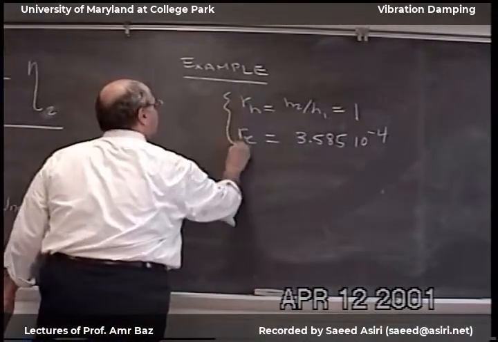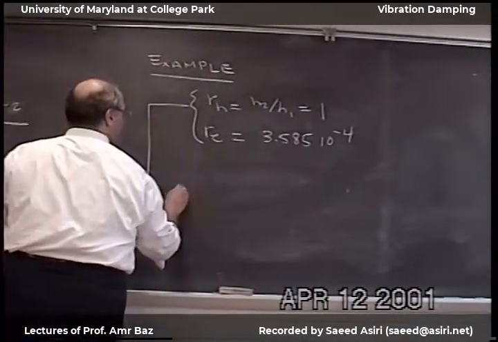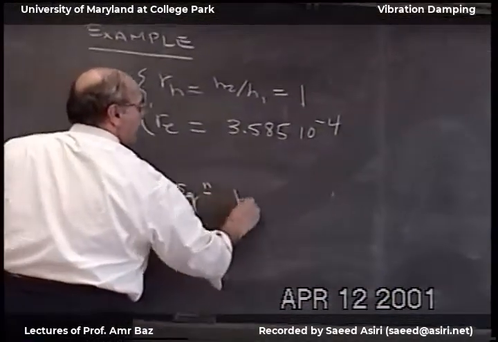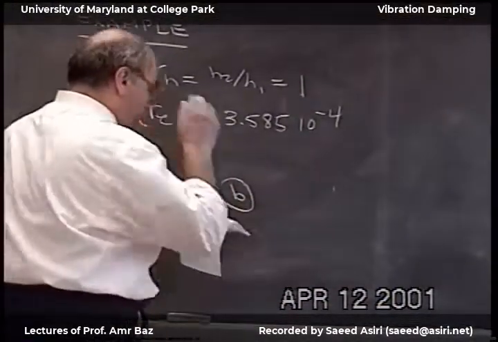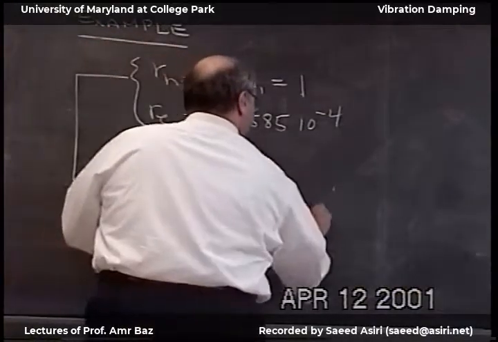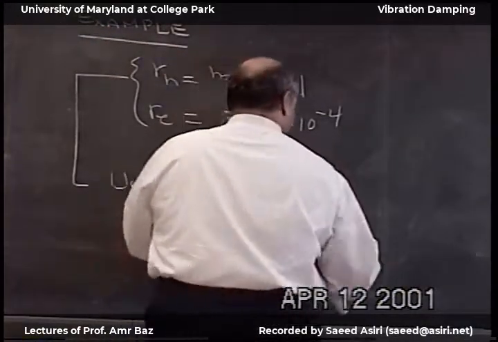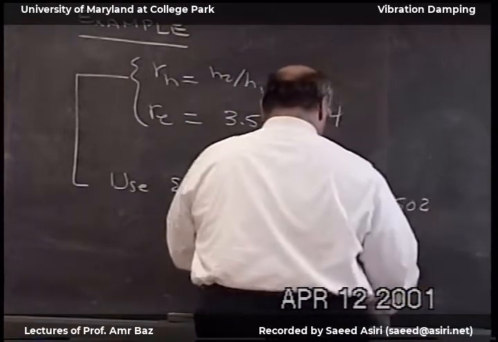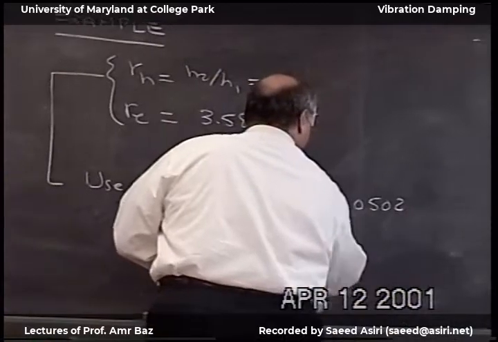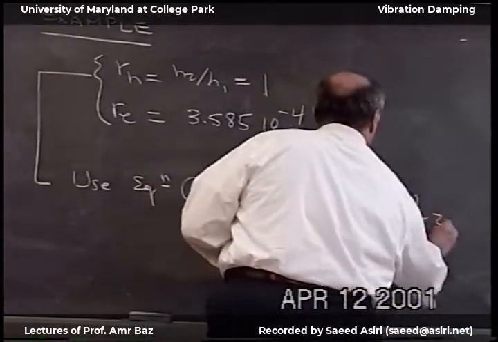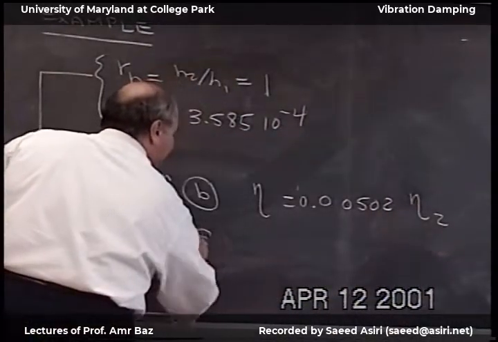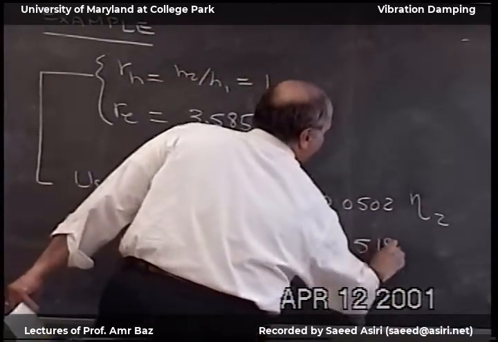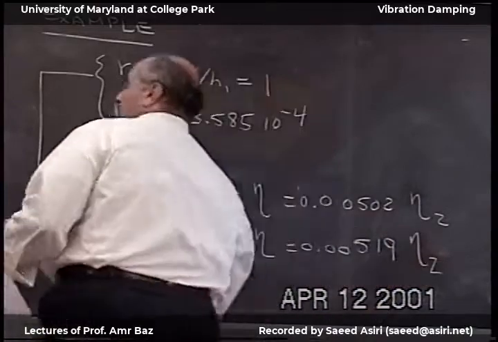And if we take this and plug it in, B, then eta will come to be 0.05005, I'm sorry, times eta 2. If you use formula C, then eta will be 0.00519 eta 2.